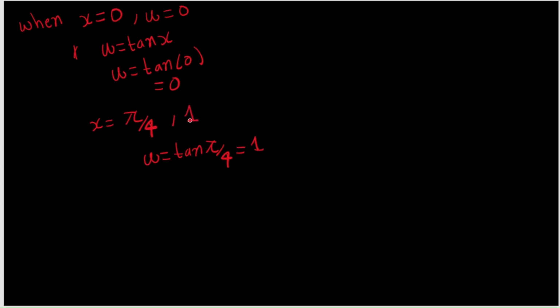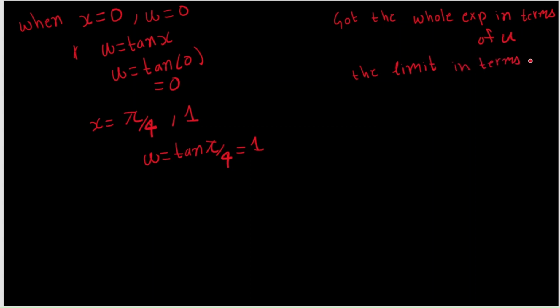Now we have the whole expression in terms of u, and we got the limits also in terms of u. I hope you are able to understand each and every part of this.